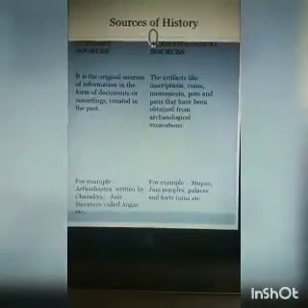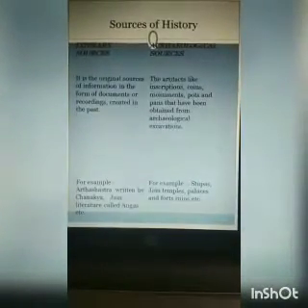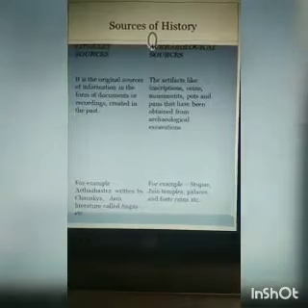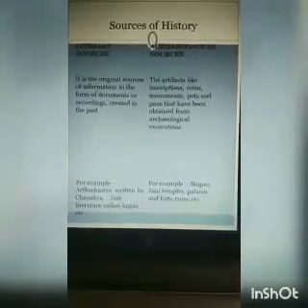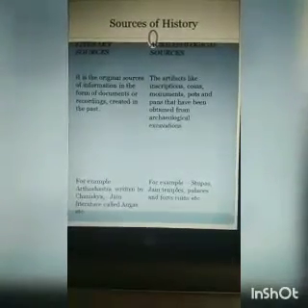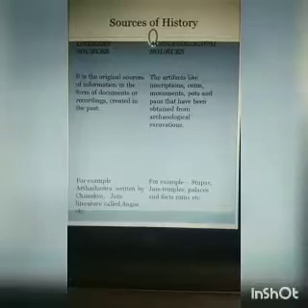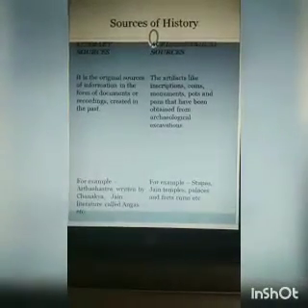Now, sources of history. Sources of history have been divided into two parts, the literary sources and the archaeological sources. The literary sources are the original sources of information in the form of documents or recordings created in the past. Archaeological sources are artifacts like inscriptions, coins, monuments, pots and pans that have been obtained from archaeological excavations.